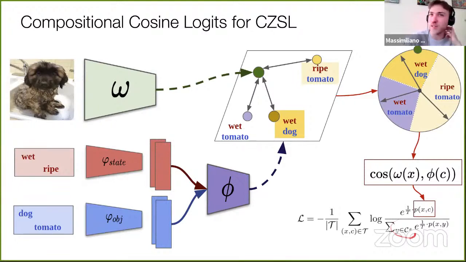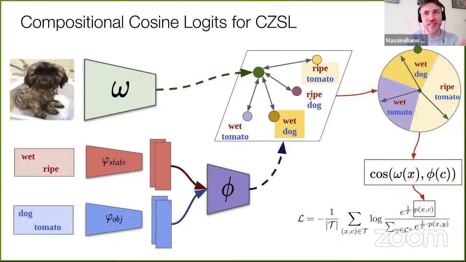We didn't try training it end-to-end, we just went for this transformation, and we also trained the word embeddings, so the embeddings of state and objects independently. Now, the problem is that in the open world we may have some other unseen composition that we didn't take into account, for instance, ripe dog.